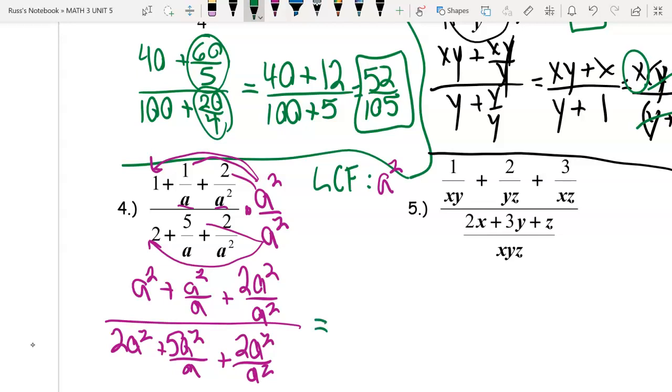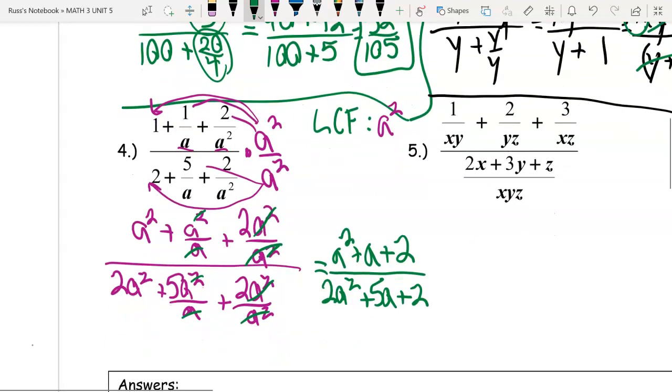So I get a squared plus a plus 2, because an a goes away here, both a's go away there. In the denominator, 2a squared, and a goes away, so plus 5a. Both a's go away, so plus 2.